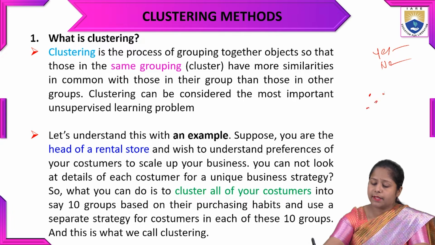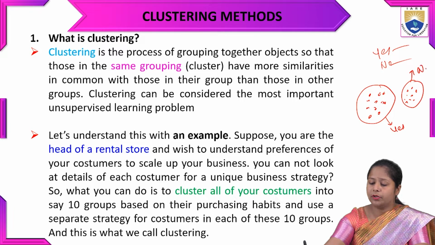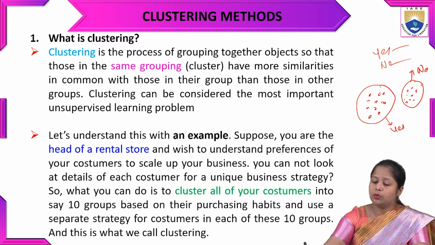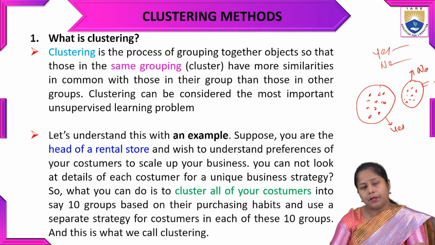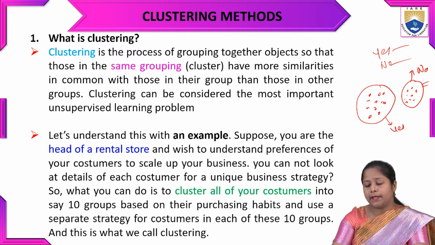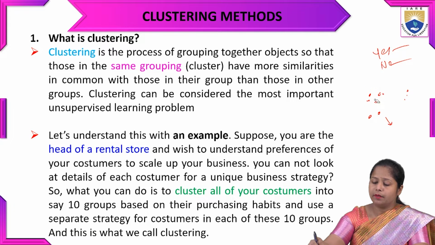Some of the points are related to the yes, and some of the points are related to the no. So here we make one cluster for yes and one cluster for no. What are the points related to the no class label will go in that no cluster, and the data points related to the yes class label will go in the yes cluster. So like this, the clusters will be distributed.